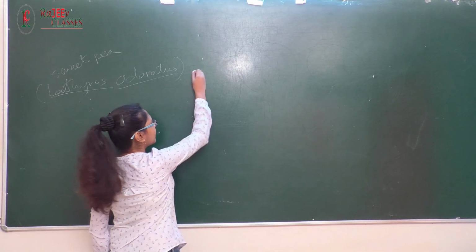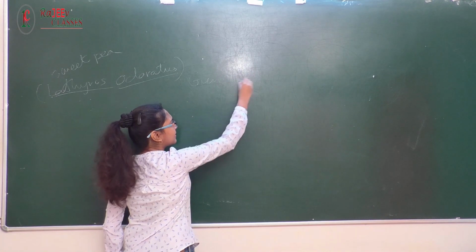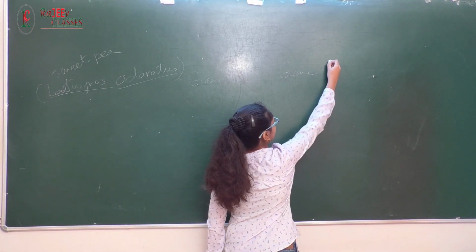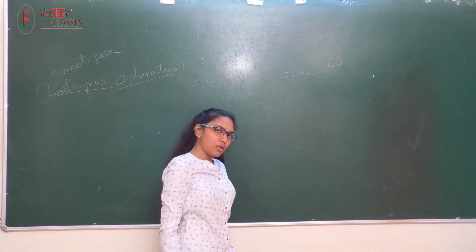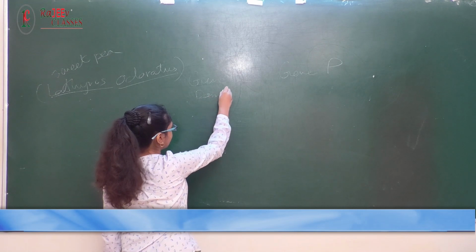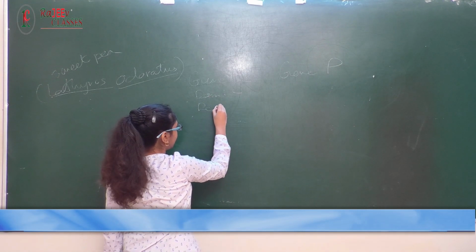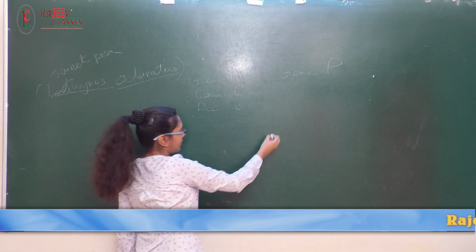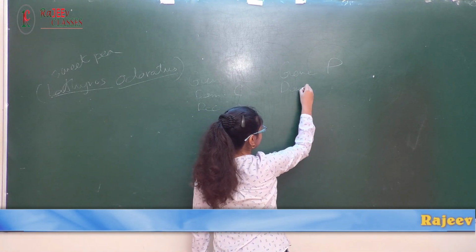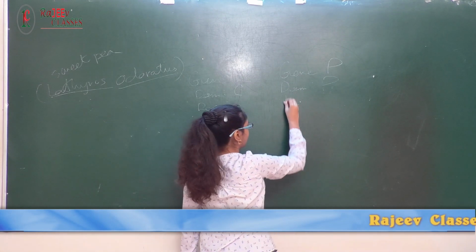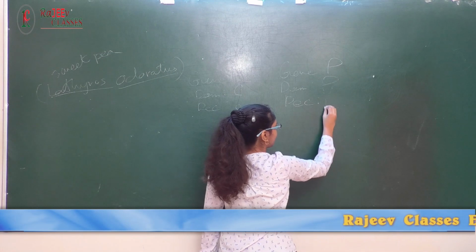One is gene C, the other is gene P. The dominant is capital C, and the recessive is small c. Here also dominant is capital P, recessive is small p.